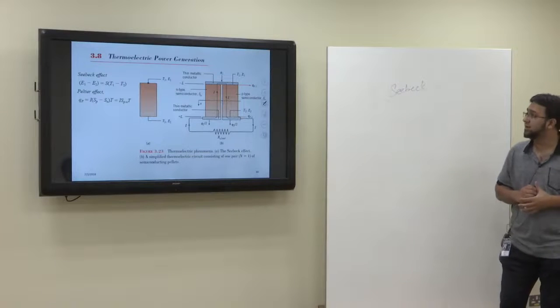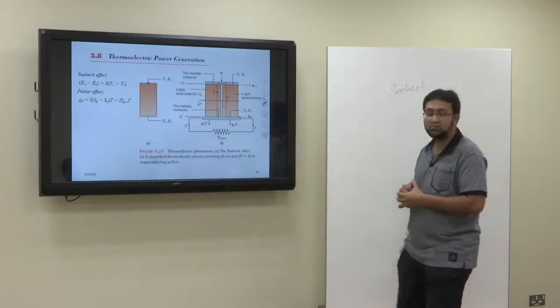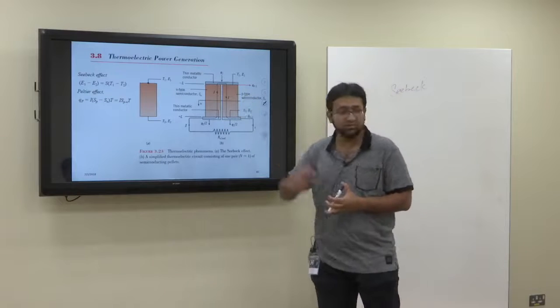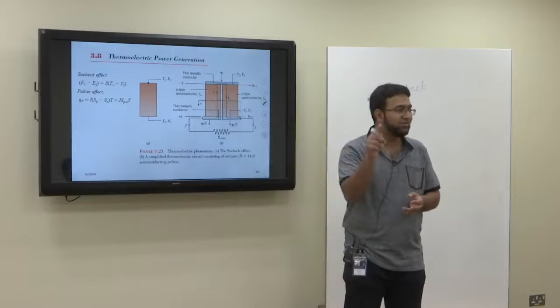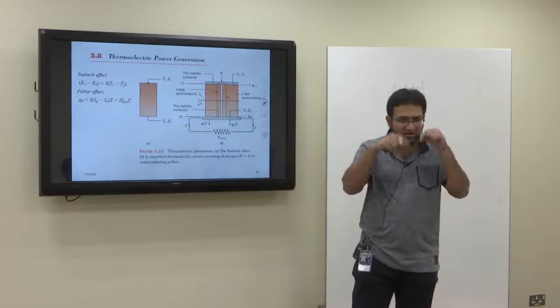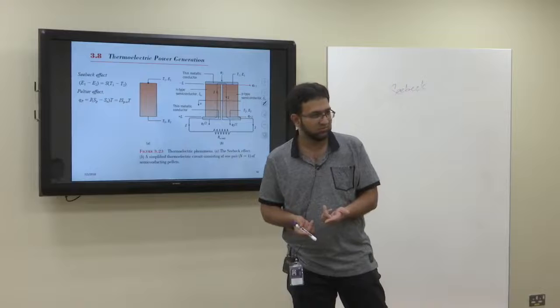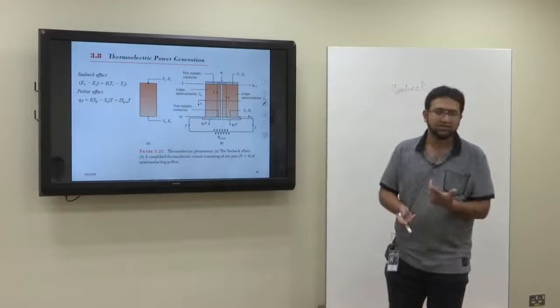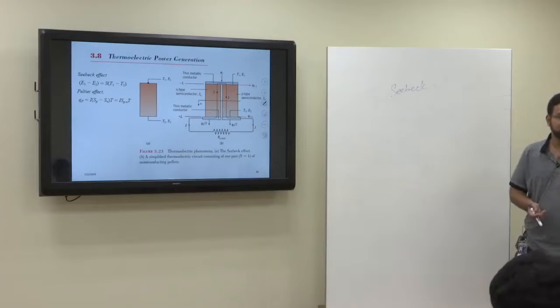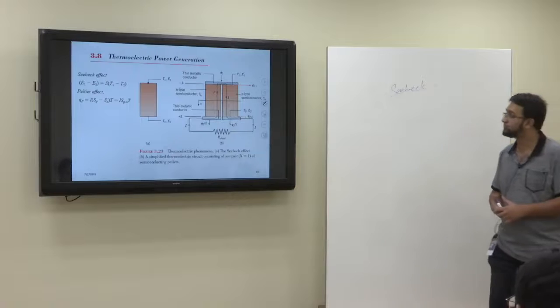So anyways, so we have thermoelectric power generation, as the name implies. Thermoelectric. It is the thermal energy which is causing the electricity to be produced. Is it clear? That's the thermoelectric power generation. Okay.